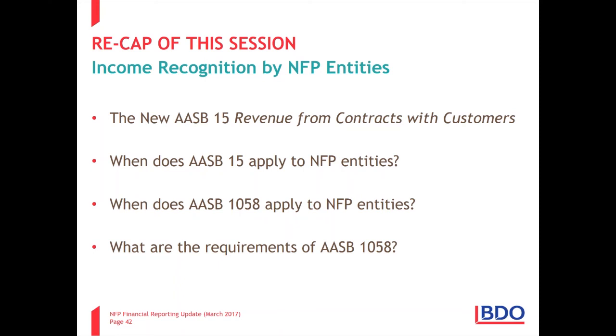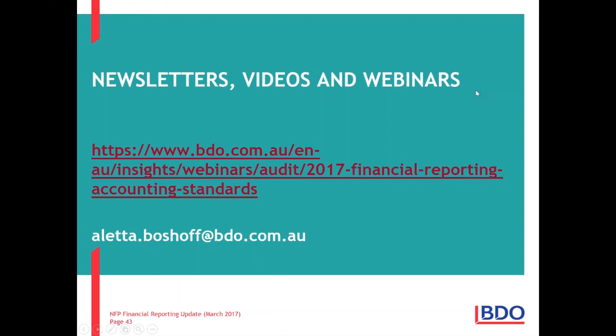We've looked at the new AASB 15 very briefly. I have to say very briefly. We said when AASB 15 would apply to not-for-profit entities: legally enforceable contracts and sufficiently specific performance obligations. When would 1058 apply: volunteer services, or when you receive something and you've not really paid an equal amount, or what you've paid is less than the fair value.